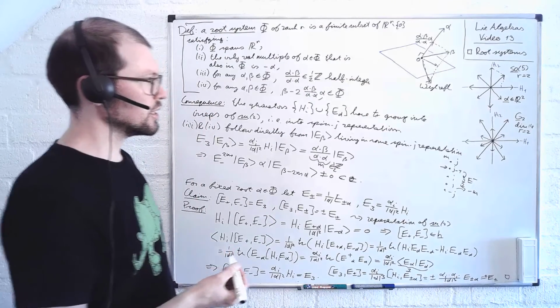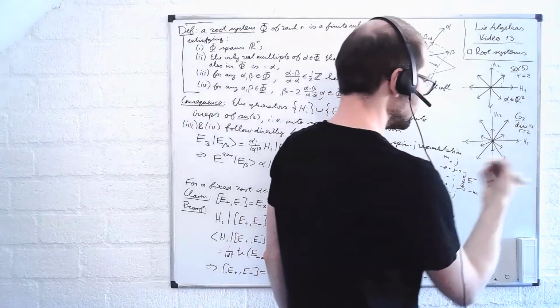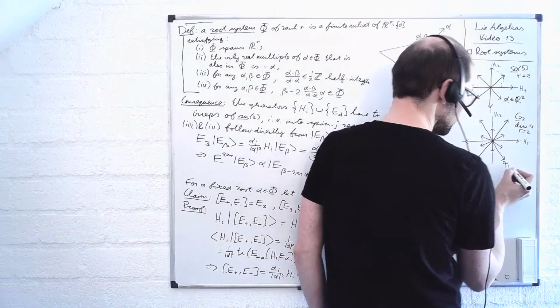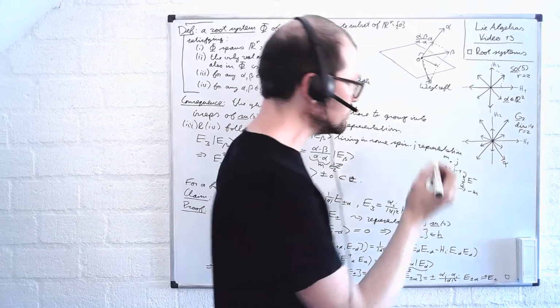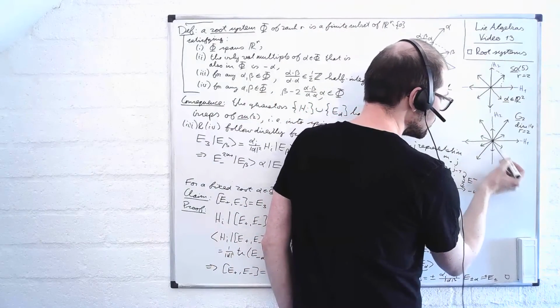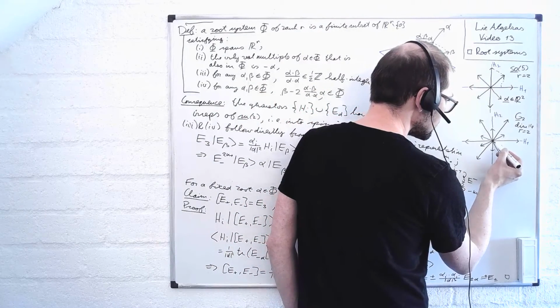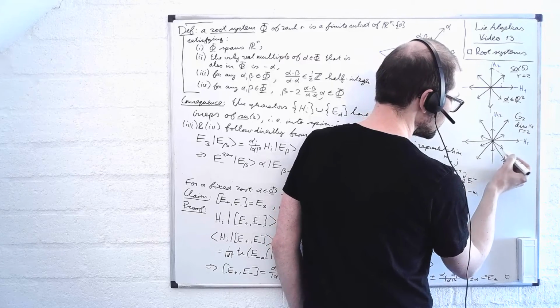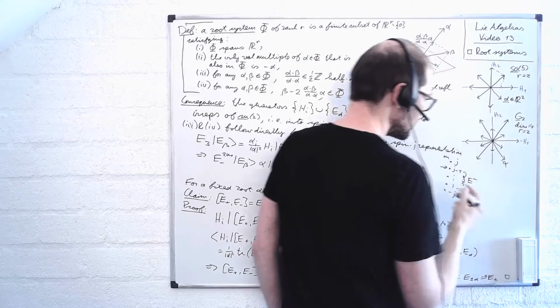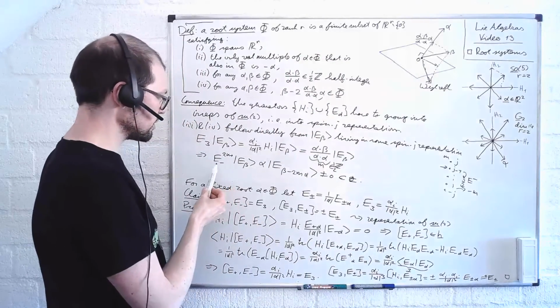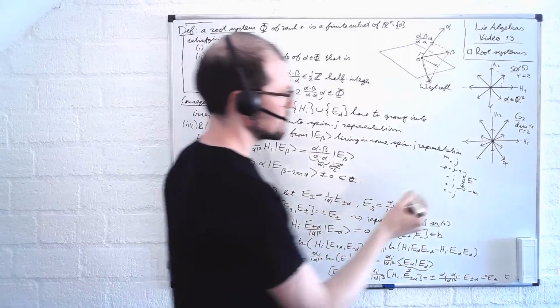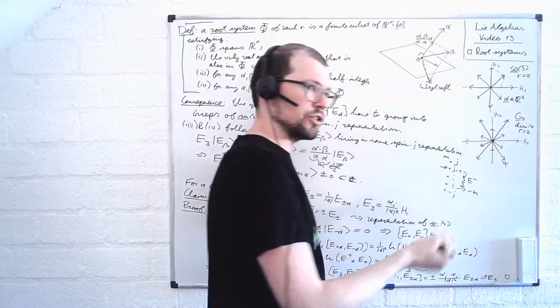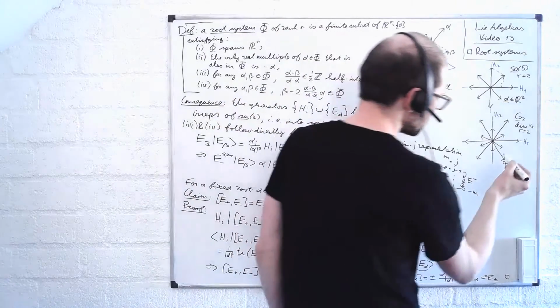Essentially the idea is that if you have some vector alpha, and suppose there would be another vector that is a linear multiple of this, then because of the possible eigenvalues that E3 can take, it can only be an integer or half integer multiple.